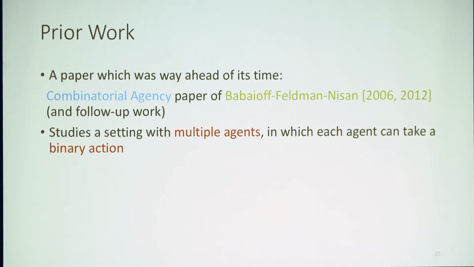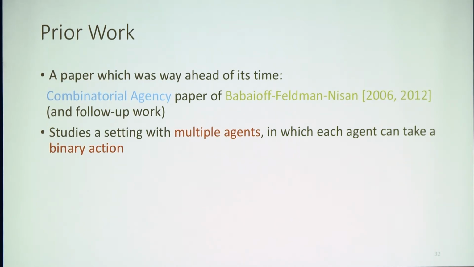It's the combinatorial agency literature, which is already making good progress on some of these questions, in particular settings where a single principal interacts with more than one agent. Most of this work has focused on the case where each agent has a binary set of actions, so effort and no effort. And I encourage you to look this up.